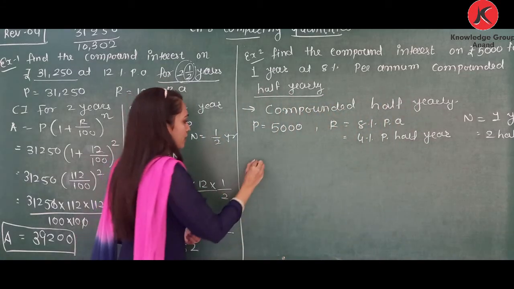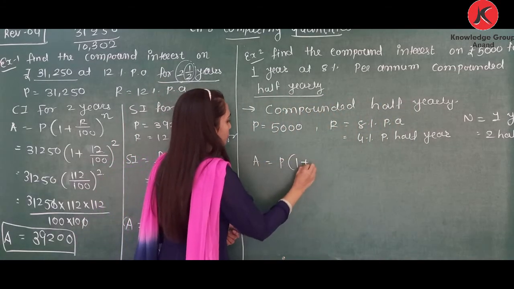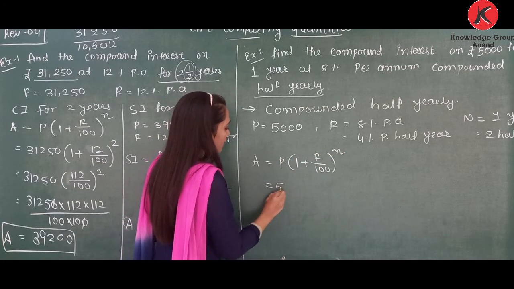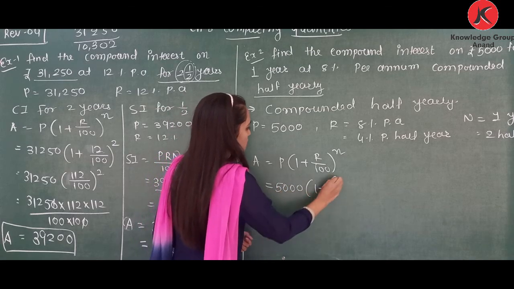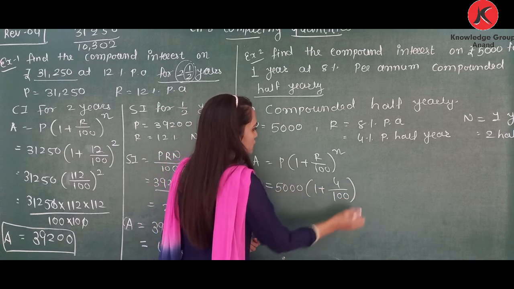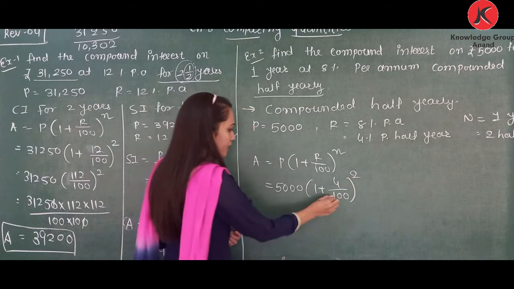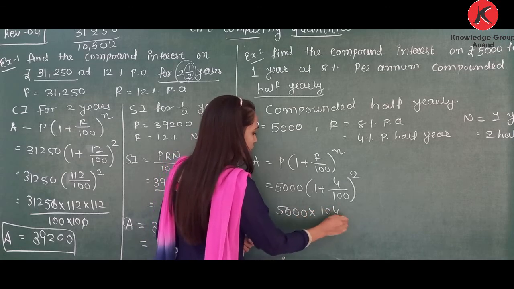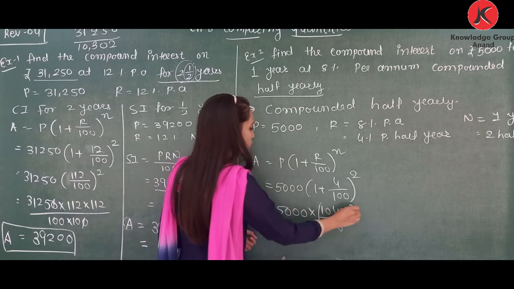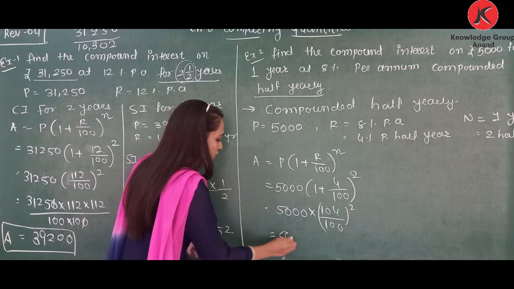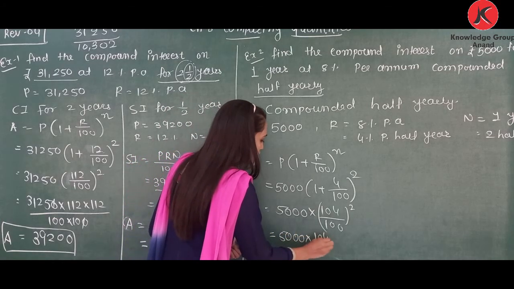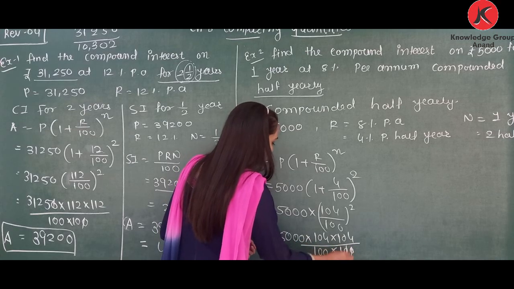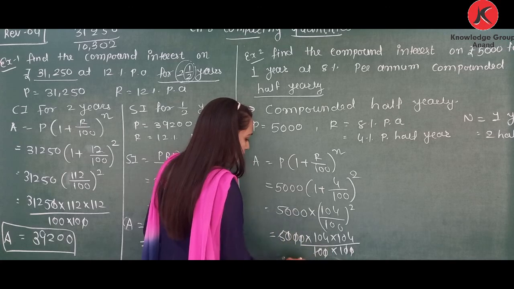Okay. So now we can write amount is equal to P(1 + R/100)^n. P is 5,000. Rate of interest is 4 divided by 100, raised to 2. 100 ones are 100 plus 4, 104 divided by 100. Now whole raised to 2 means write it 2 times. 104 divided by 100, and so here 50 will cancel out. 5 times 2 is 10.